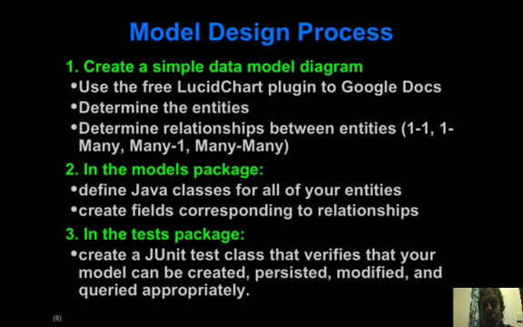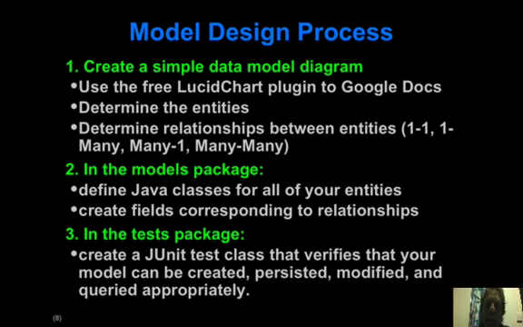So what I suggest you do is you start by creating a very, very simple data model diagram, just to specify what the entities are in your system and what the relationships between the entities are. You get that from the problem specification, and that can provide nice documentation for the structure of your system, so that people can easily see what the entities are and what's going on there.